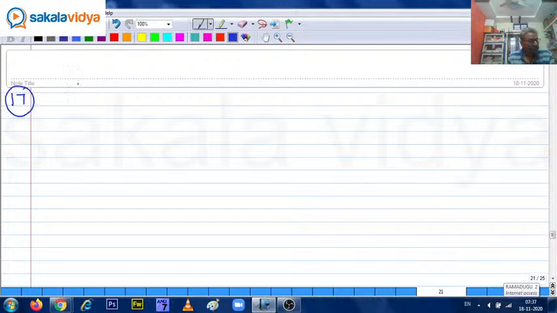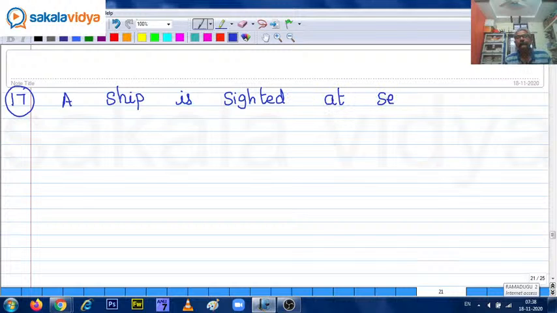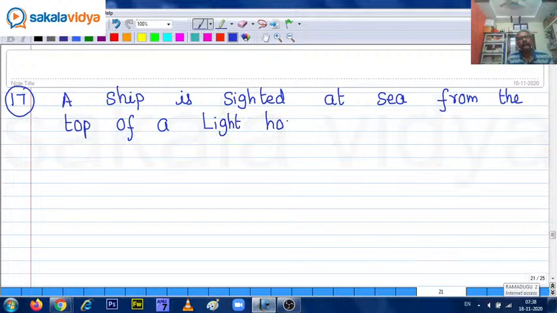17th question. A ship is sighted, which means observed, at sea from the top of a lighthouse of 75 meters height.